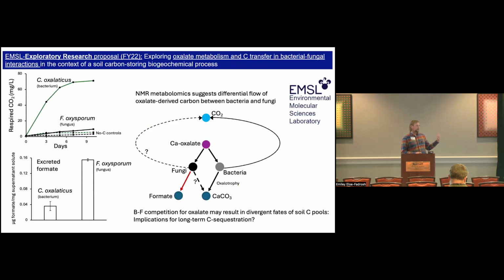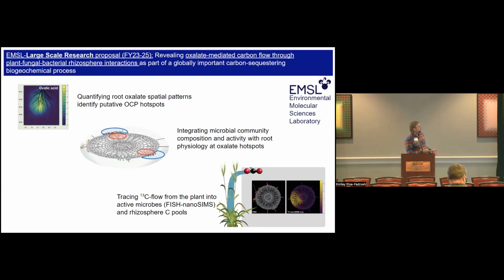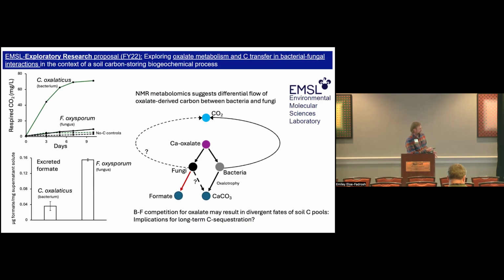So in an EMSL exploratory research proposal that was accepted in 2022, we took some model organisms that we know are oxalotrophic, so a bacteria and a fungus, and we were able to just grow them on oxalate as a pure carbon source, and we were able to find out that the bacteria produces about 40% of the original derived carbon from oxalate into CO2 and the rest into biomass.